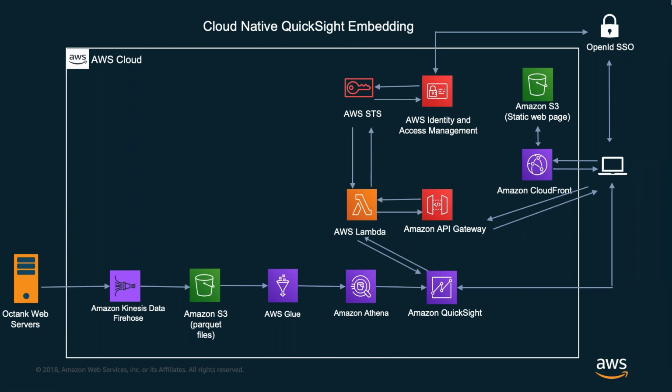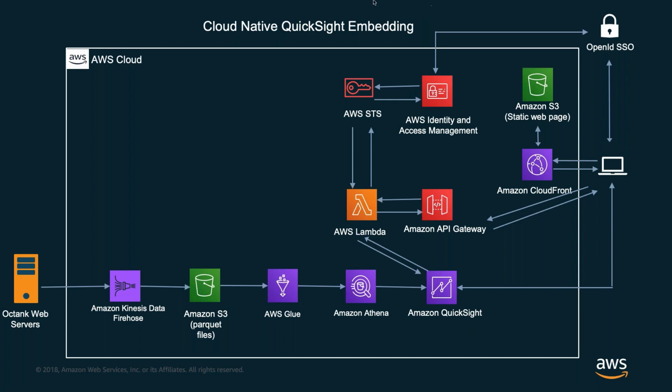And like I mentioned, this is just a sample architecture. The core concept here is that you should be able to assume a role on behalf of the authenticated user, and then be able to run APIs on top of QuickSight with that assumed role.